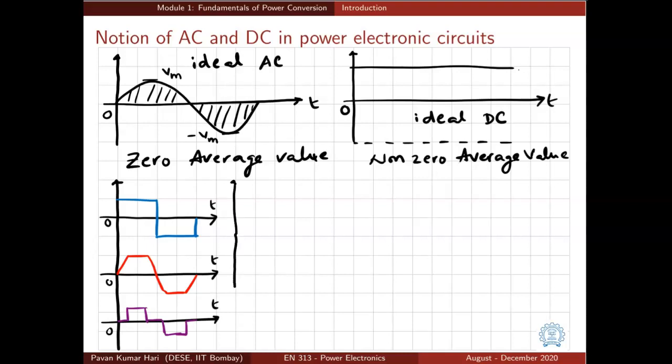And there can even be other types of AC waveforms. One can have a waveform like this, or we can even look at a waveform with multiple steps.